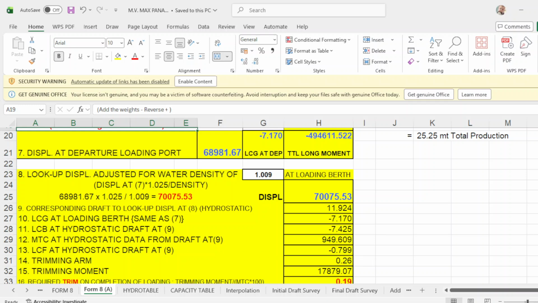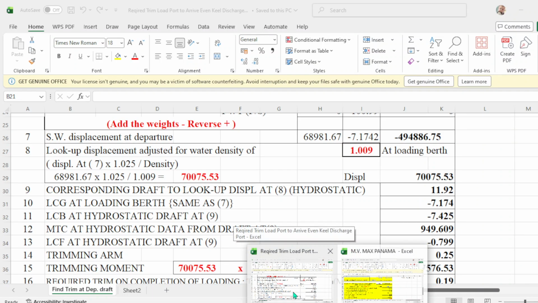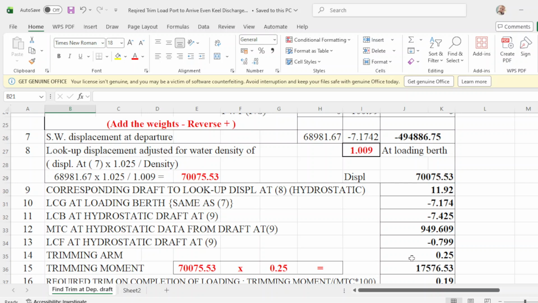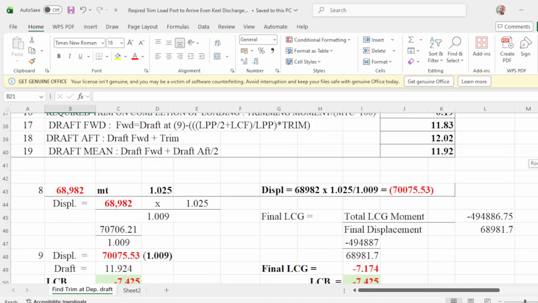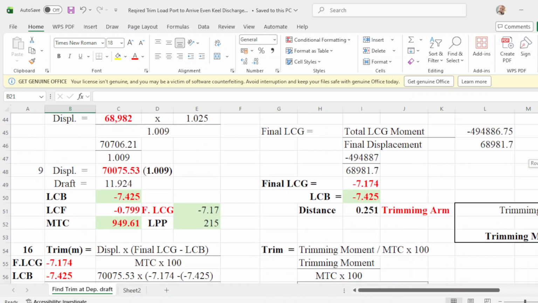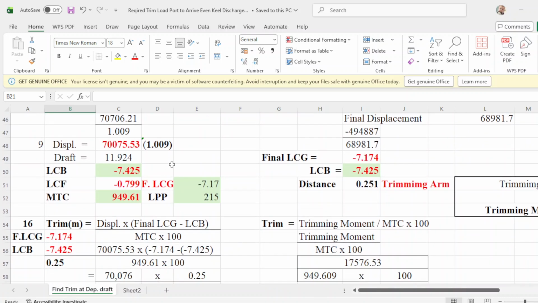In the manual, LCF is negative 0.799. And I put it here with this corresponding displacement and draft. The LCB is negative 7.425.